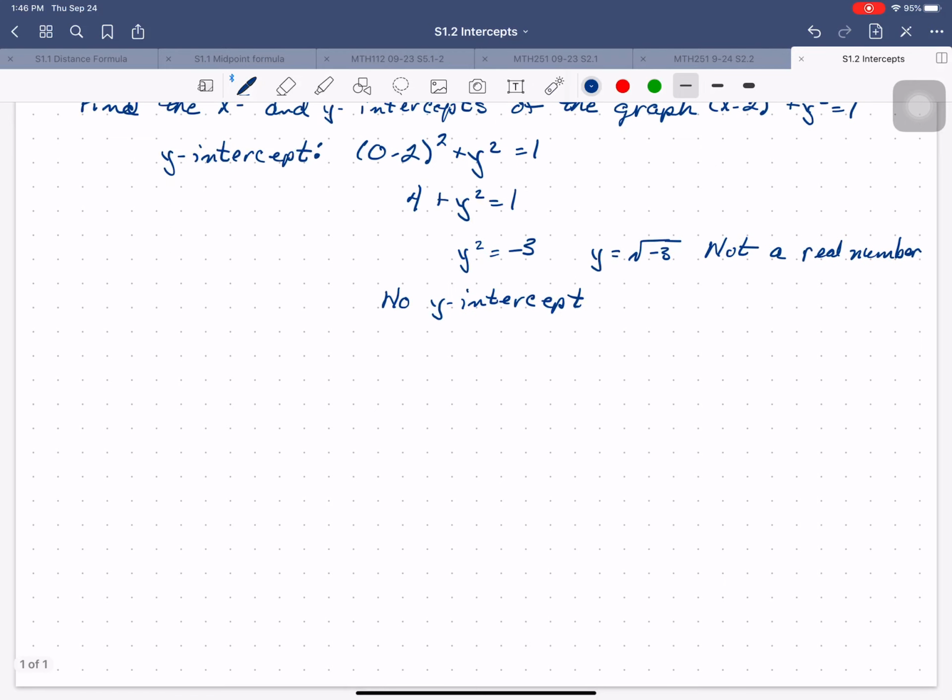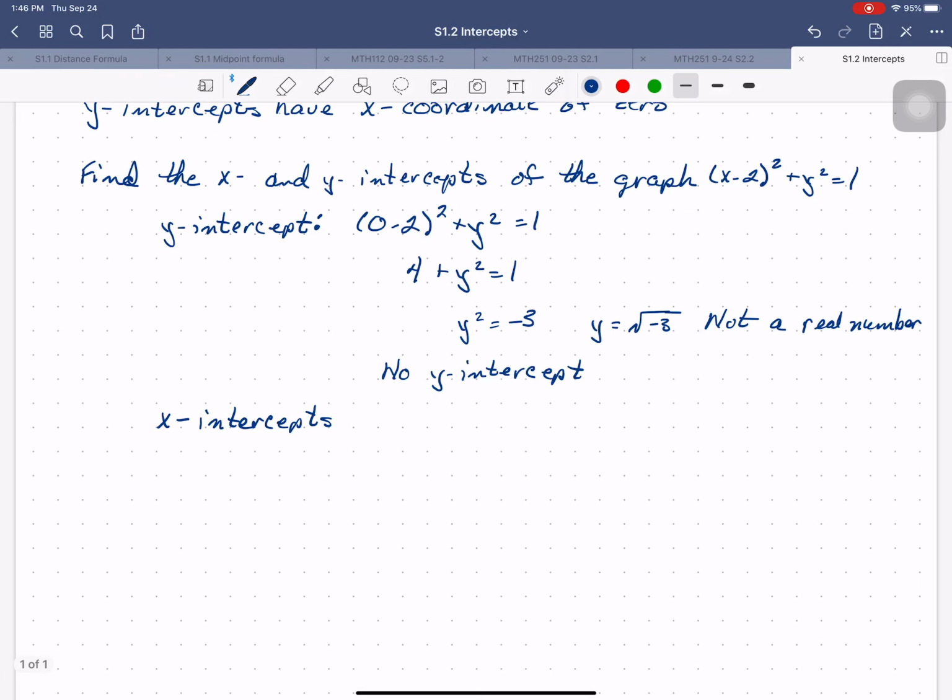Okay, so let's find the x-intercept, if there is one or two or more. To find the x-intercepts, we set y equal to 0.